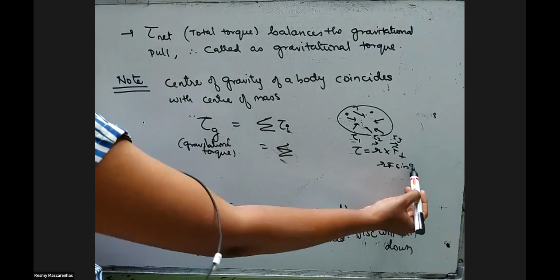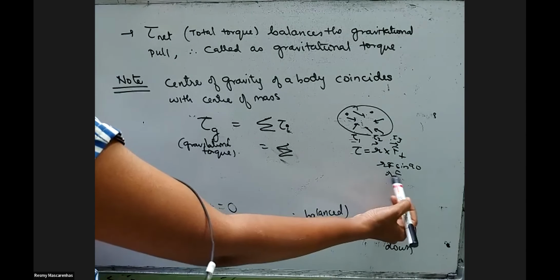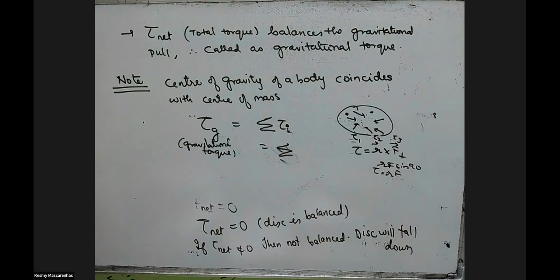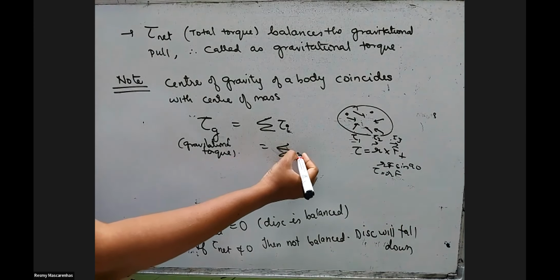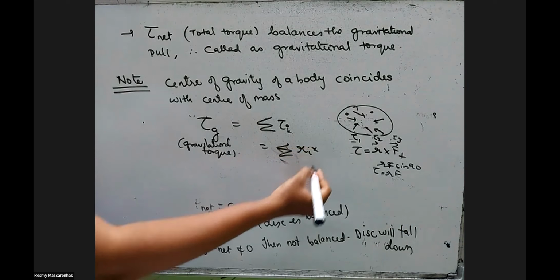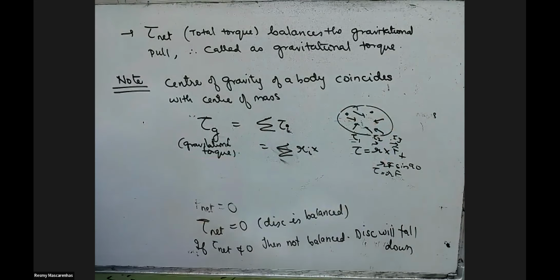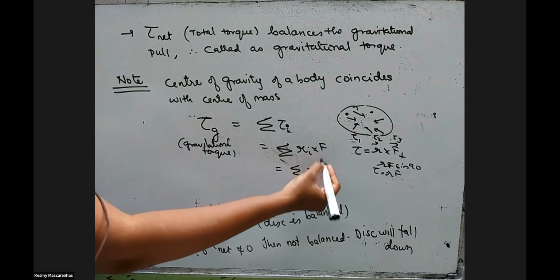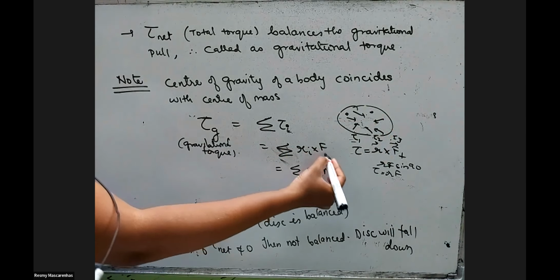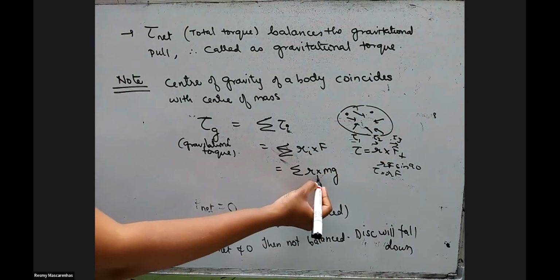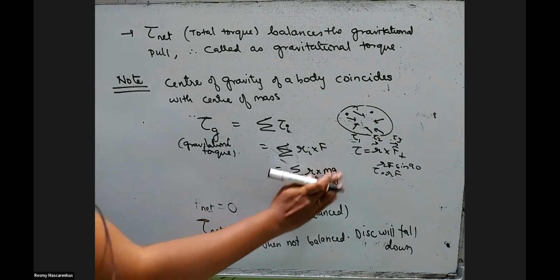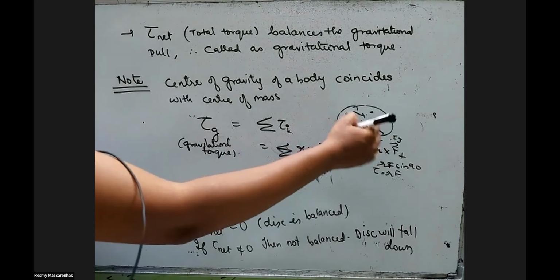If it is perpendicular, sine 90, so torque is always r into F if it's a 90-degree force. So as per that, it will be r_i, the radii of all the particles, into F. Force is nothing but mass into gravity, F is nothing but mg. So just use i for both places, because we are referring to the whole set of particles.